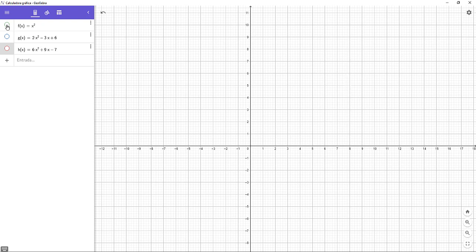So we have here one possibility. This is one curve, and in that case it only cuts the axis in one place. Now we have another situation in which the curve doesn't cut the x-axis.